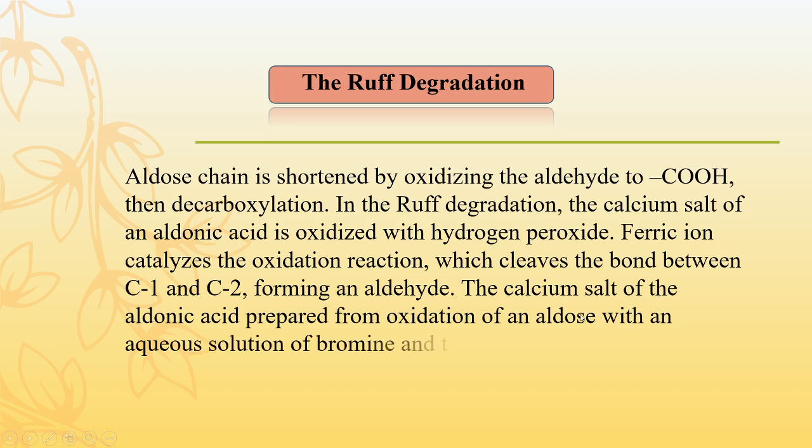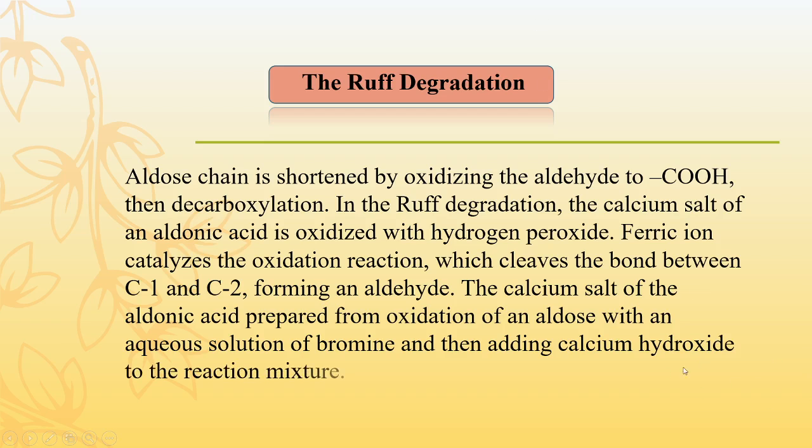The calcium salt of the aldonic acid is prepared from the oxidation of the aldose with an aqueous solution of bromine, and then adding calcium hydroxide to react with the mixture. That means in the first step we have the aldose molecule. This is the chain shortening reaction, that is the Ruff degradation.